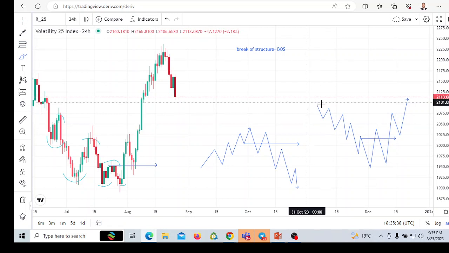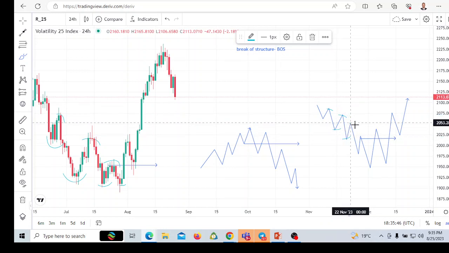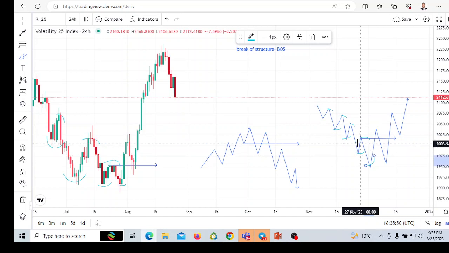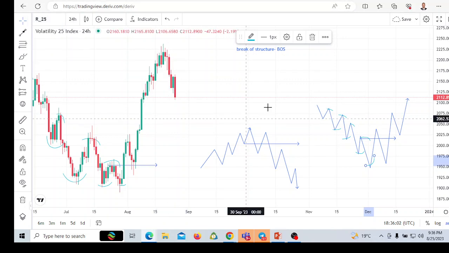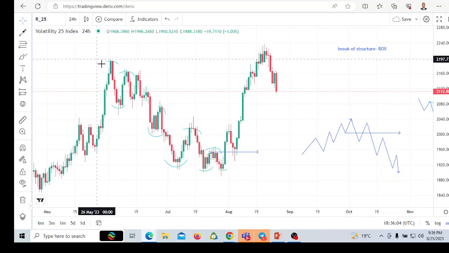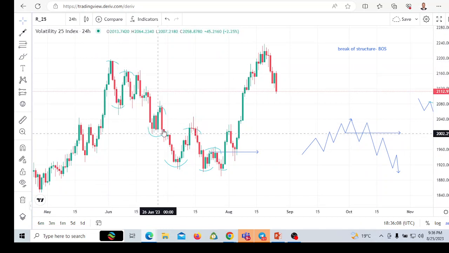Guys, we had this, then this, then this, then a lower low, lower high, lower low, then price closed above the previous low. Okay? This is just a pictorial kind of thing, but this is exactly what happened here. We had a high, low, high, low.